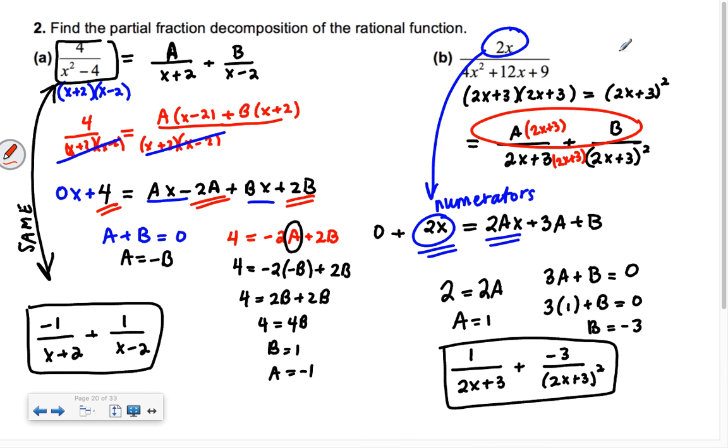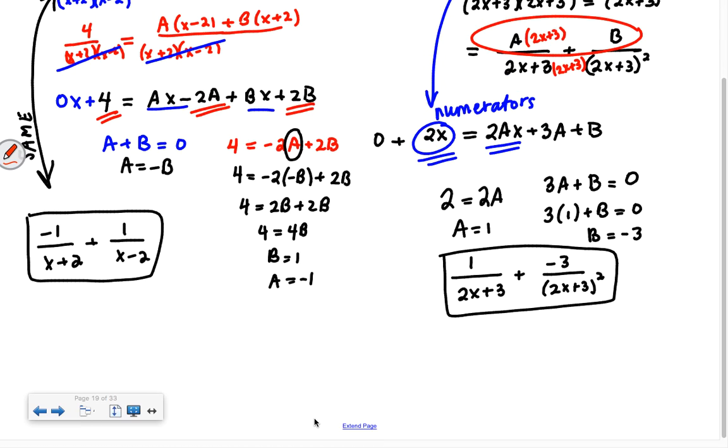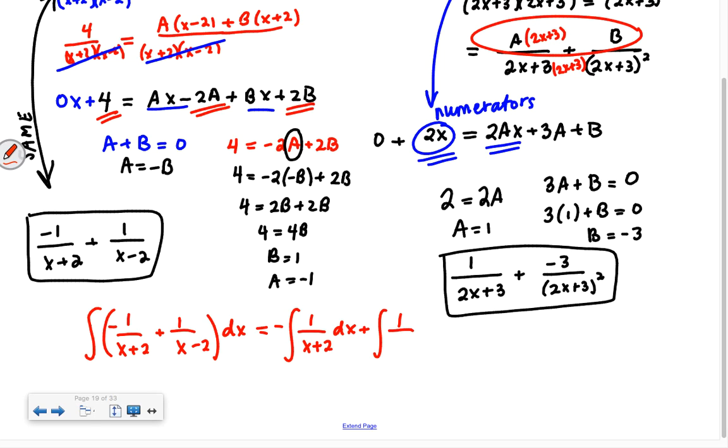So if I go back to 2a and 2b, and I was asked to find the antiderivatives of these, then we just kind of break it apart into the separate integrals. So we break it apart into a negative out front, 1 over x plus 2 dx, plus 1 over x minus 2 dx.